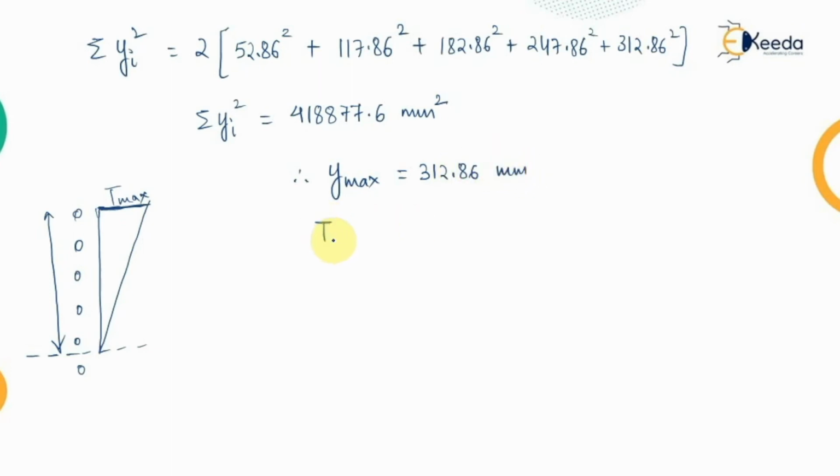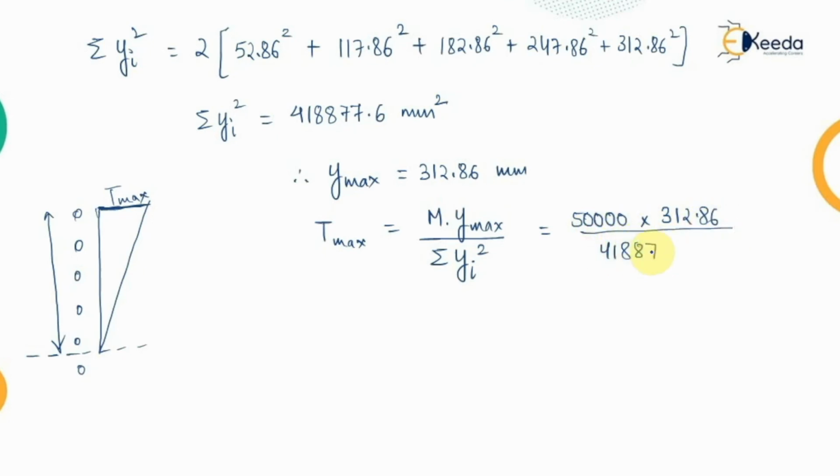Now this tension max is calculated by M into Ymax divided by summation of yi square. Now if we replace all the values here, then we will be getting 50,000 into 312.86 divided by 418,877.6 square millimeter.